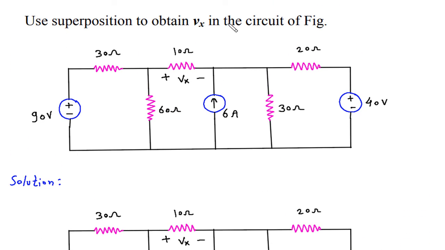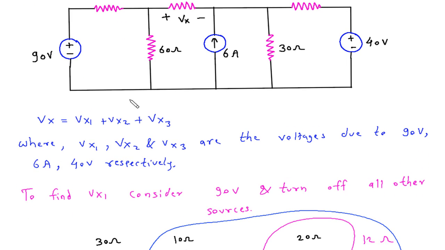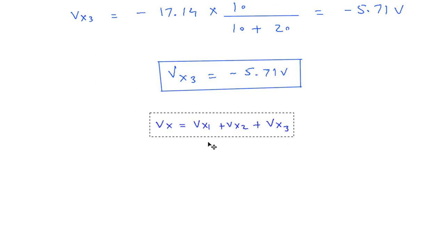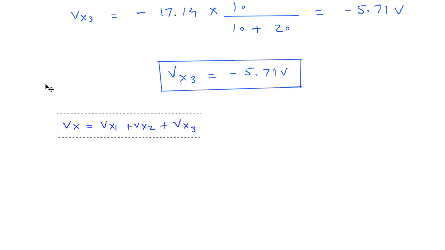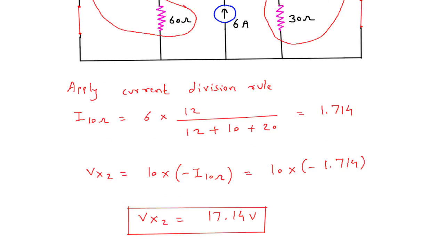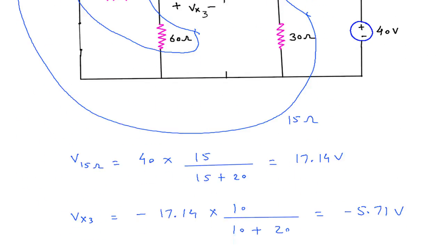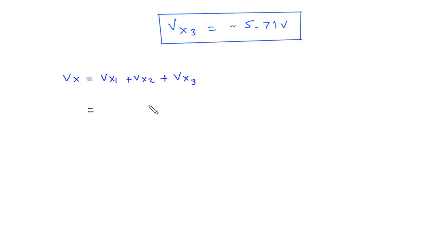What we have to find? We have to find Vx using superposition. So Vx is equal to Vx1 plus Vx2 plus Vx3. Vx1 is equal to 14.281, plus Vx2.